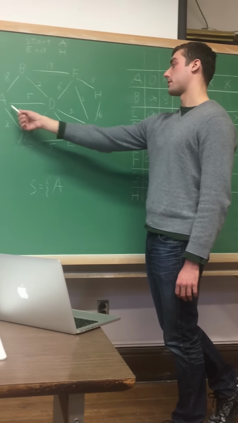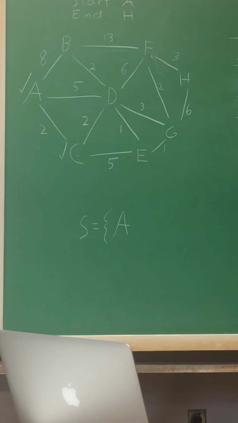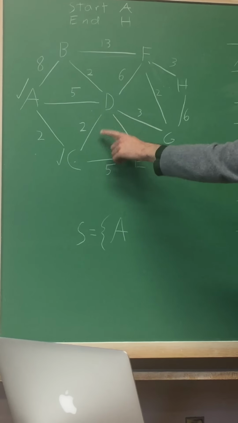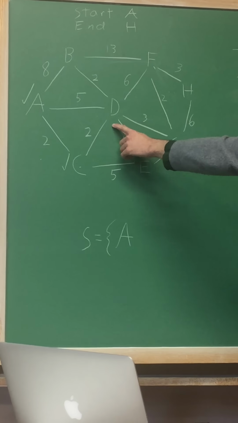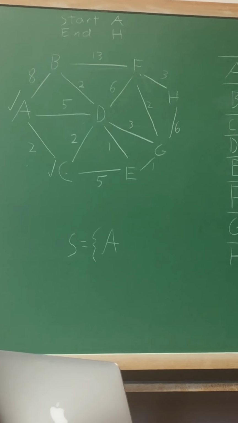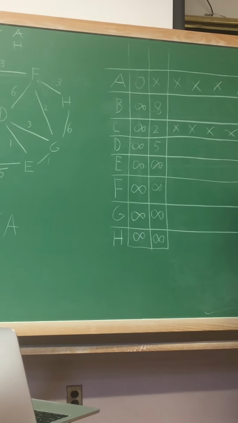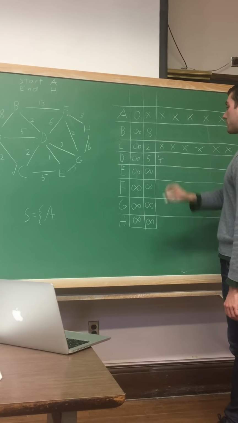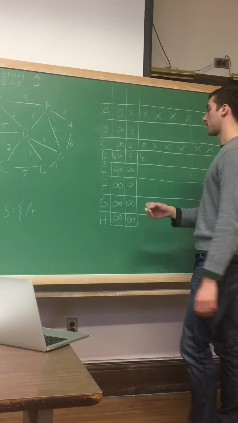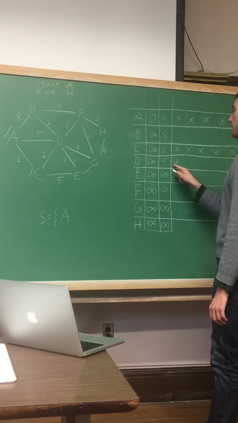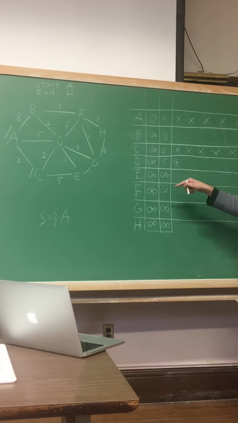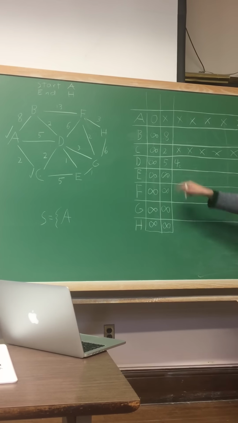But you can get to C in 2 steps, and from C to D in 2 steps. So in total, you can get to D in 4 steps from A. That's shorter than 5. So what we're going to do now is change this to 4. And I'm going to subscript it saying we got to D from C.